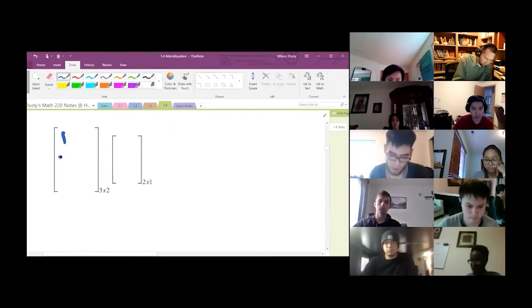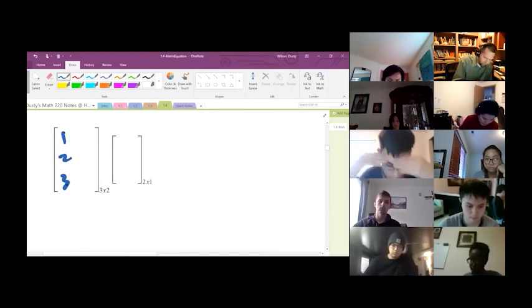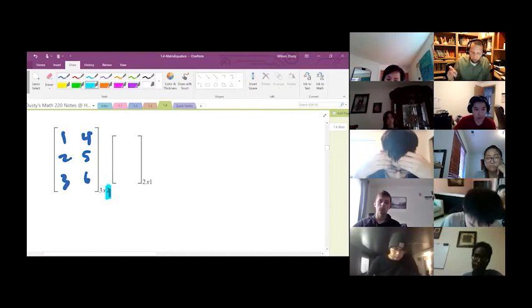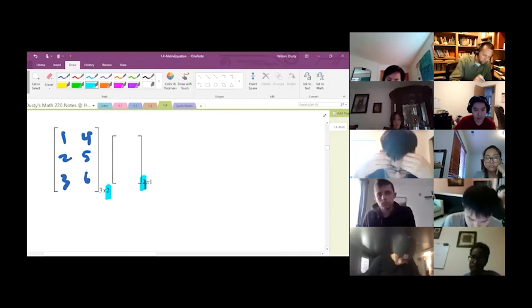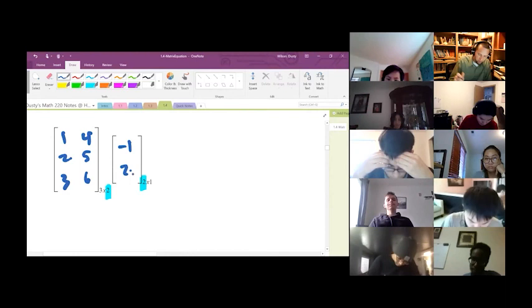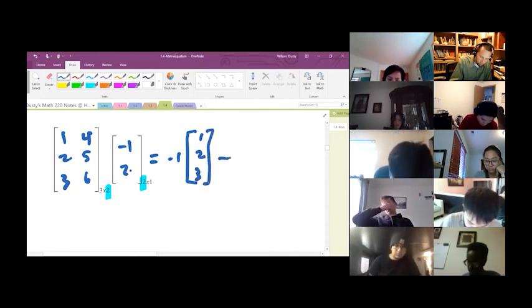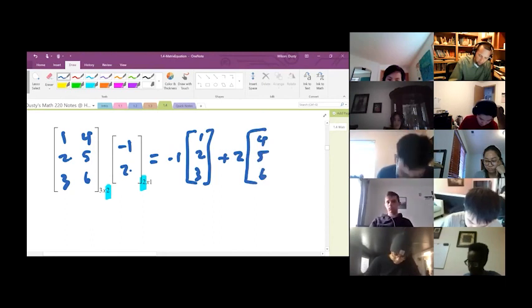Next example, same thing. I have [1 2 3 4 5 6]. Now I'm running down the columns, and I want to point out that the number of columns in the first matrix has to match the number of rows in the second matrix or in the vector. So this would be the same thing as -1 times (1, 2, 3) plus 2 times (4, 5, 6).